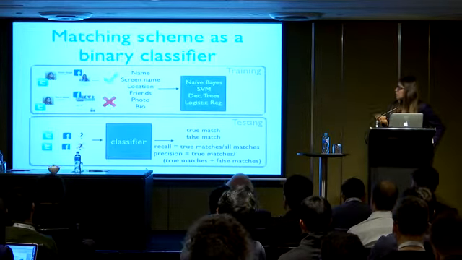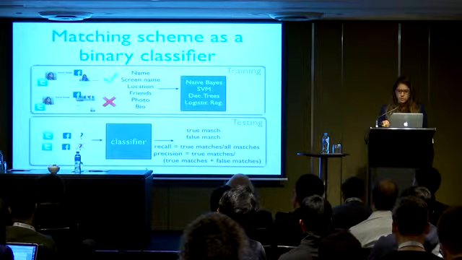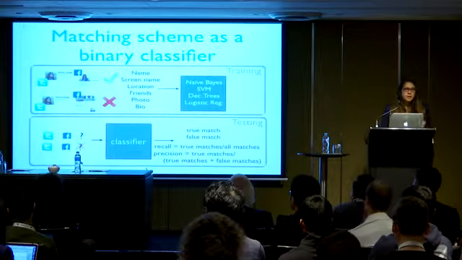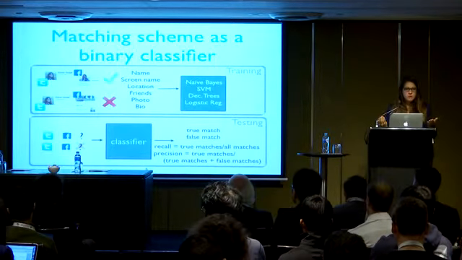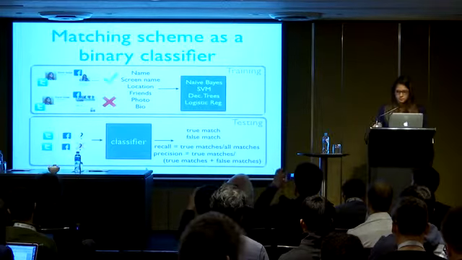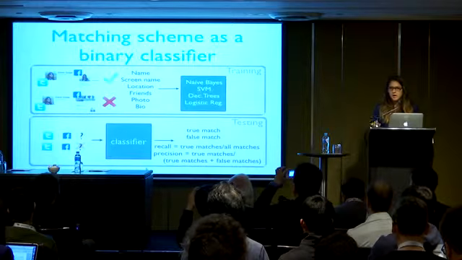Now, we are not the first who tackled this problem. The traditional way to solve it is to reduce it to a binary classifier that, given two profiles in two social networks, detects whether they belong to the same person or not. And for doing this, we can apply standard machine learning algorithms.